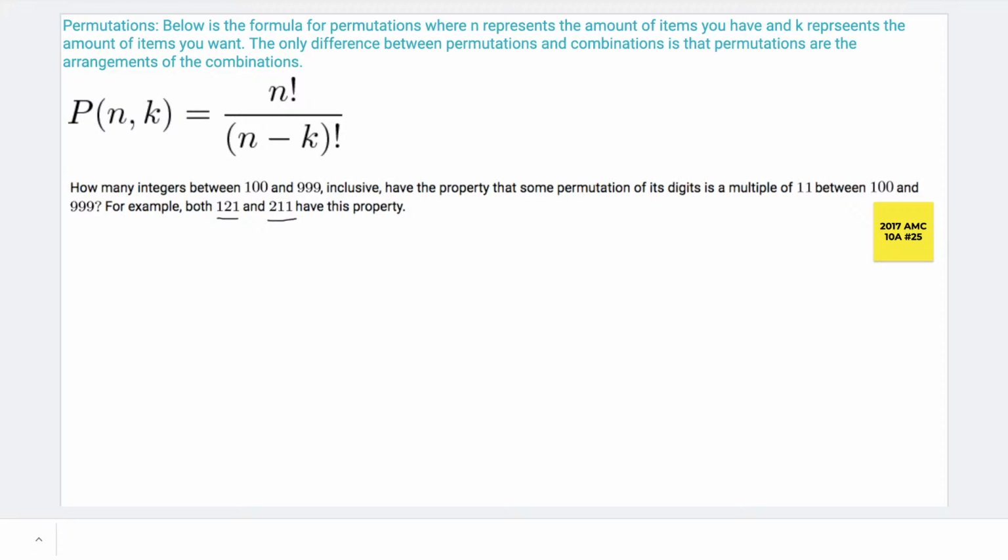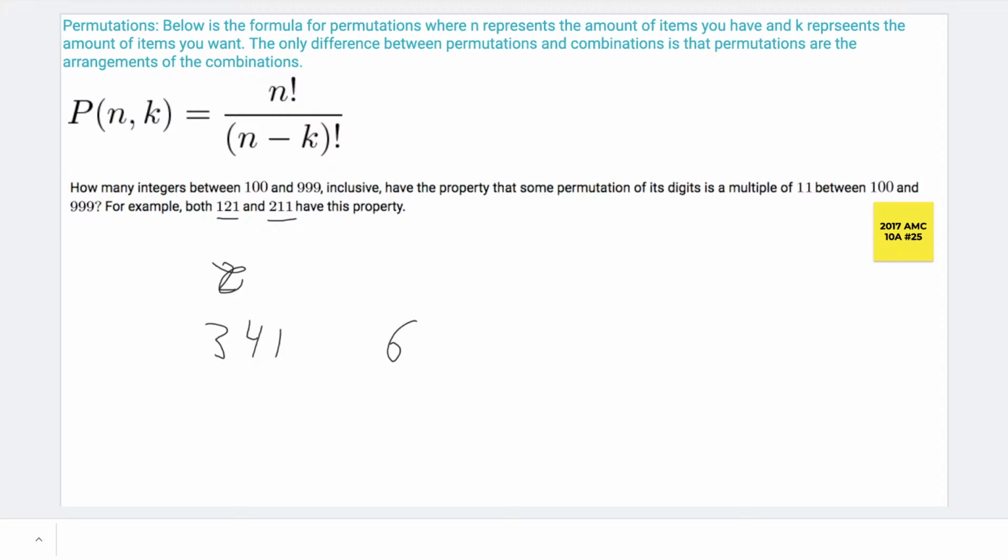Now, let's think about the problem first. For example, if we have a multiple that is, let's say, 3, 4, 1, there are 6 permutations for this because of 3 factorial, so there are 6 ways to arrange it. If we do this for all the multiples of 11, that won't work.